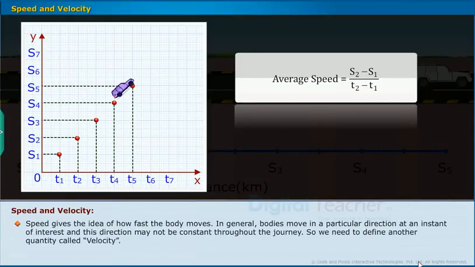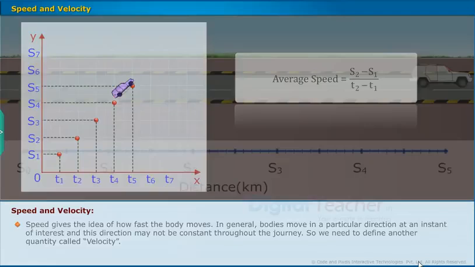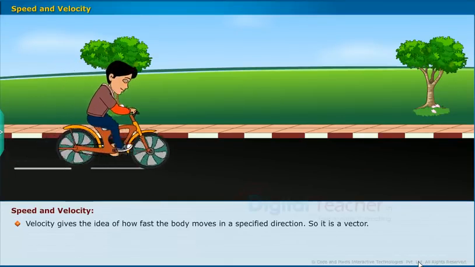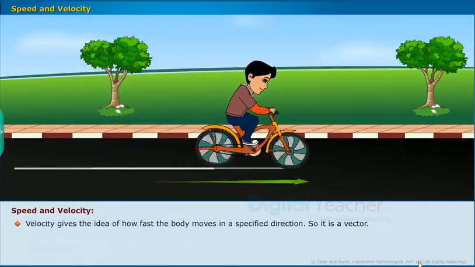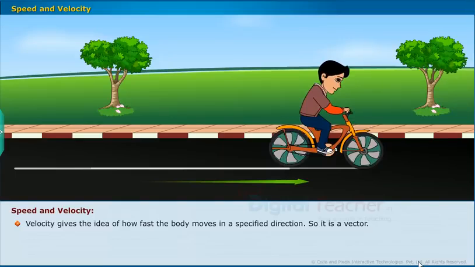Speed gives the idea of how fast the body moves. In general, bodies move in a particular direction at an instant of interest, and this direction may not be constant throughout the journey. So, we need to define another quantity called velocity. Velocity gives the idea of how fast the body moves in a specified direction.